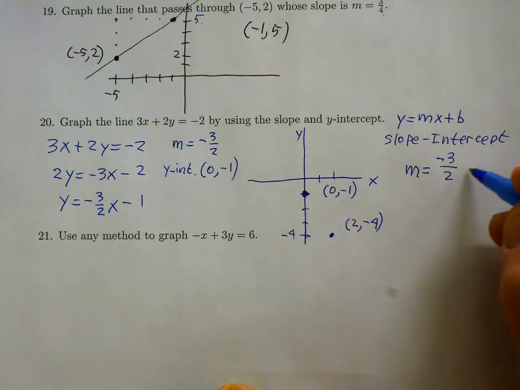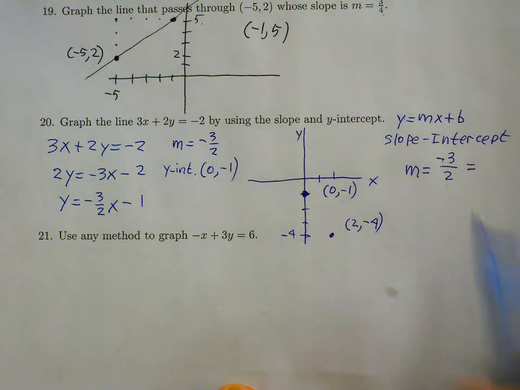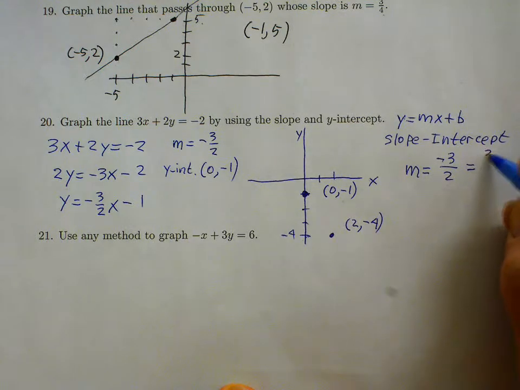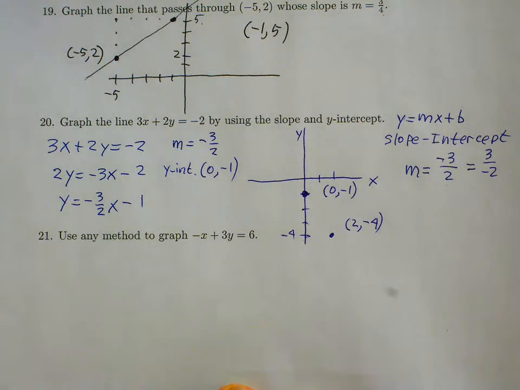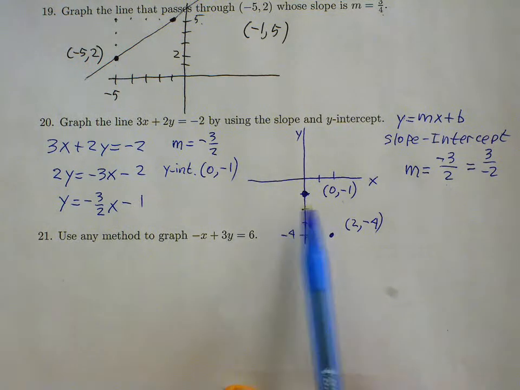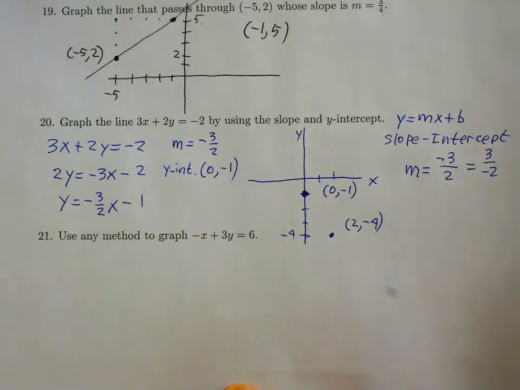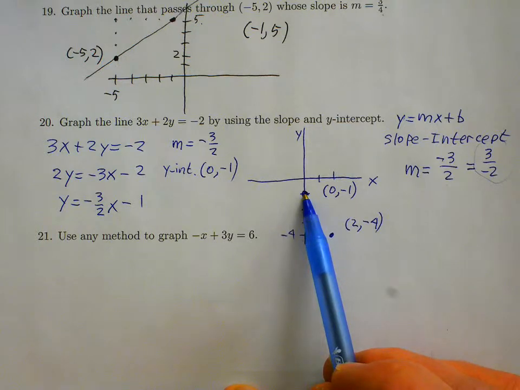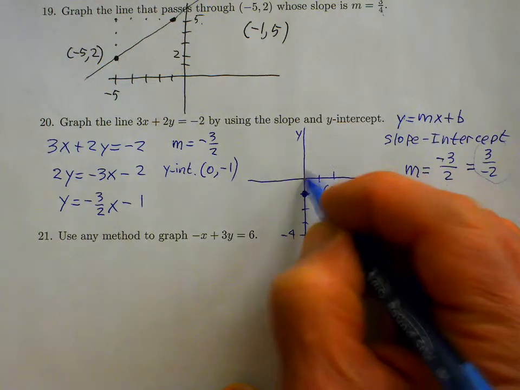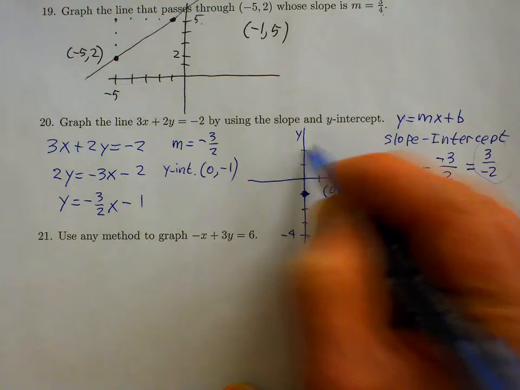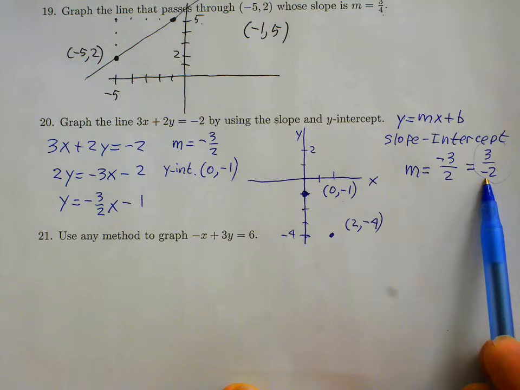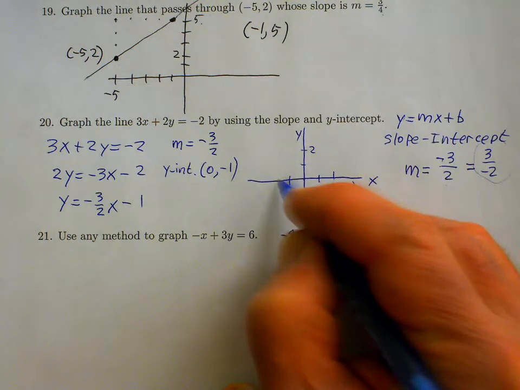But you can also interpret this slope, -3 over 2, as positive 3 over negative 2. If we go back to the y-intercept and think of the slope as 3 over -2, a rise of positive 3 means we move up 1, 2, 3 units, and then a run of -2 means move to the left 2 units.